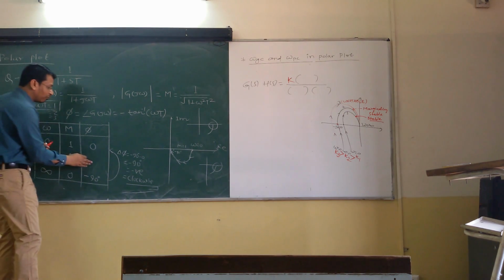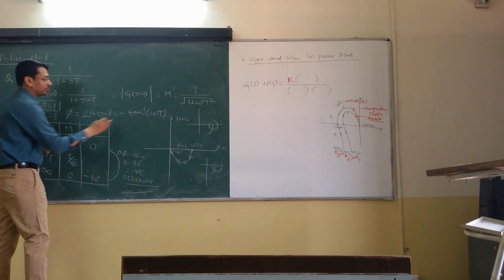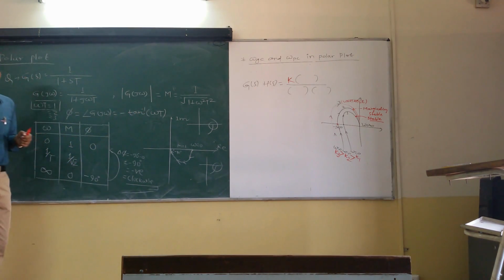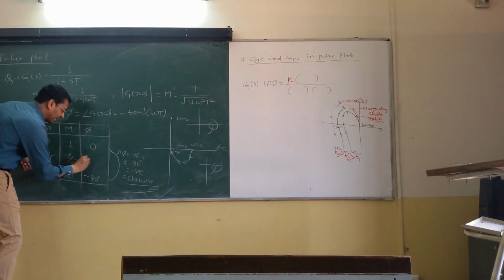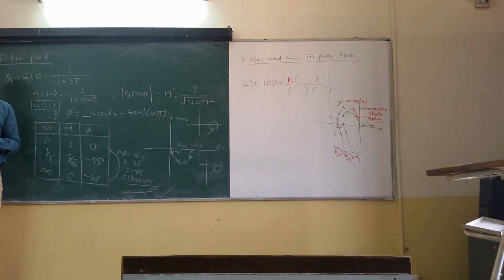Okay. And what will be the angle? Tan inverse 1 is 45 degree with negative sign. It is minus 45. So suppose you want to check the validity of your curve, that whatever you have sketched as a polar plot of a given system, whether it is correct or wrong.